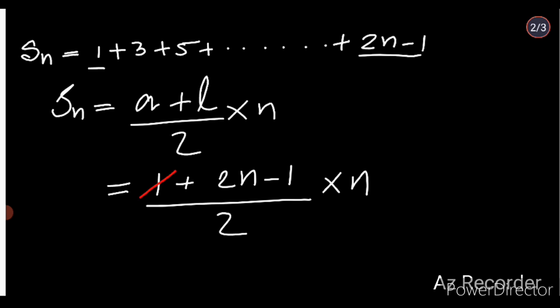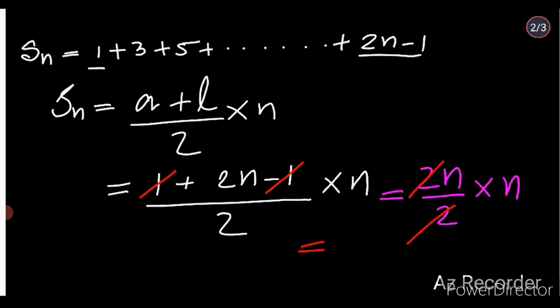The 1 plus and minus 1 will be cancelled. You will get 2n by 2 into n, the number of terms. The 2 from the denominator and numerator will be cancelled out. And finally we will get n into n, that is n squared.